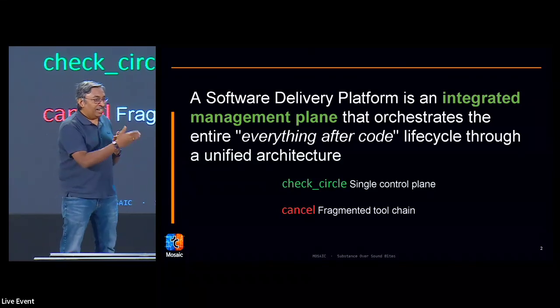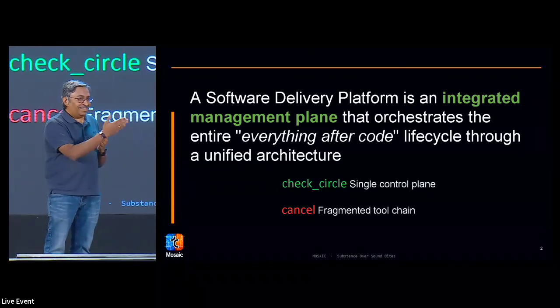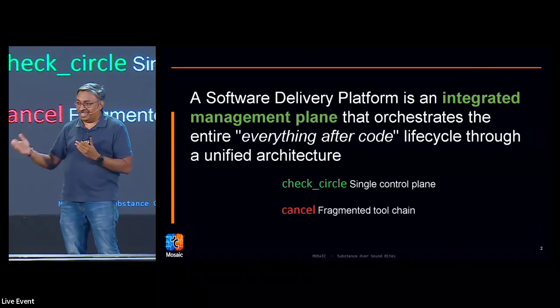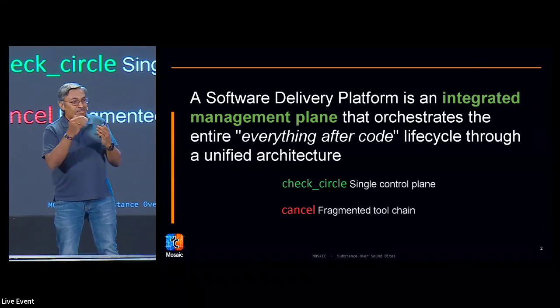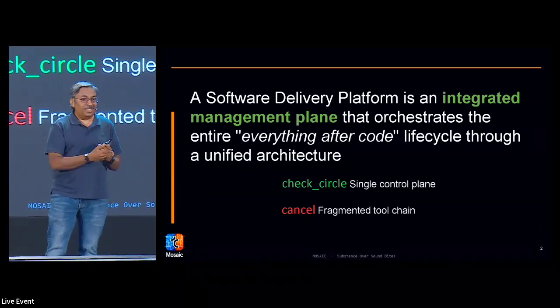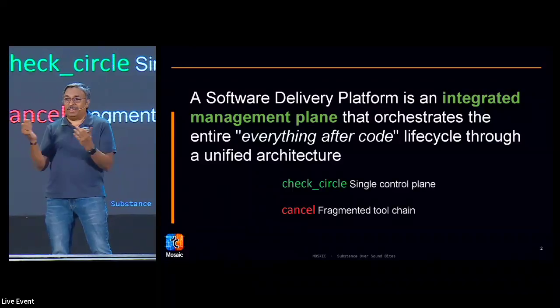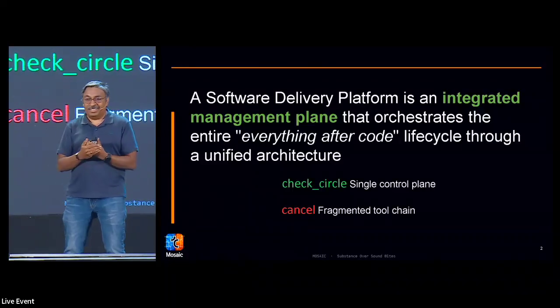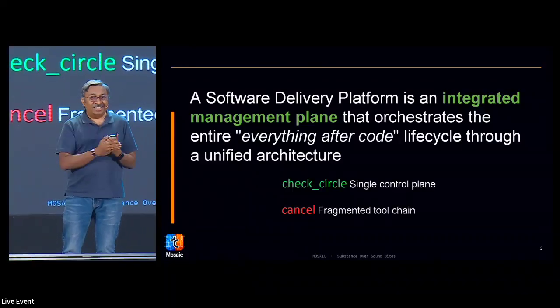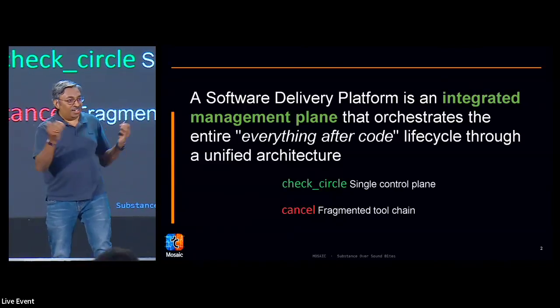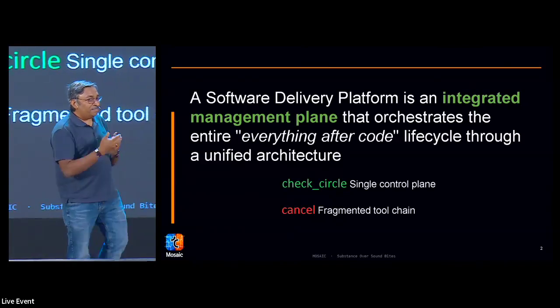So we already have hit two softwares: the code repository and the continuous integration software. Then you tested the software, and after that it produces an artifact. What do you do with the artifact? You need an artifact registry, and it needs to be pushed to a registry. So that's the third software.